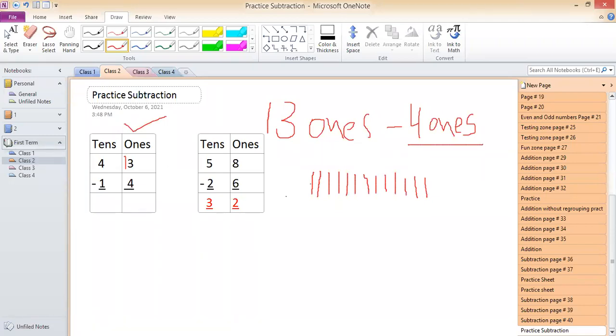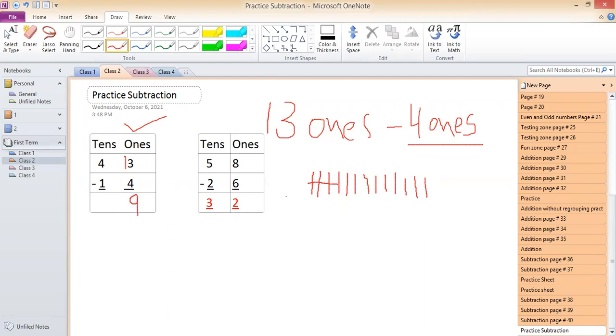Cut 4 lines. 1, 2, 3, 4. How many lines are left? 1, 2, 3, 4, 5, 6, 7, 8, 9. So 13 minus 4 is equal to 9.